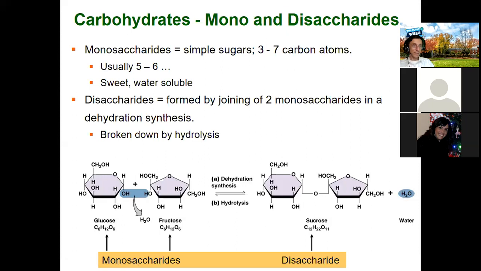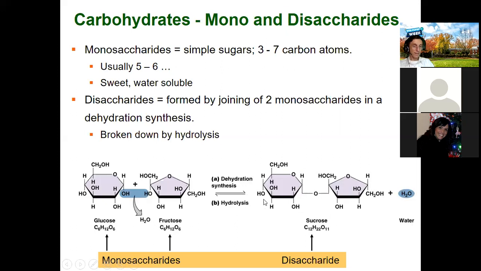You can break down sucrose, which is the combination of glucose and fructose put together, by adding water and undergoing hydrolysis. Sucrose is table sugar, the sugar we have on our tables.